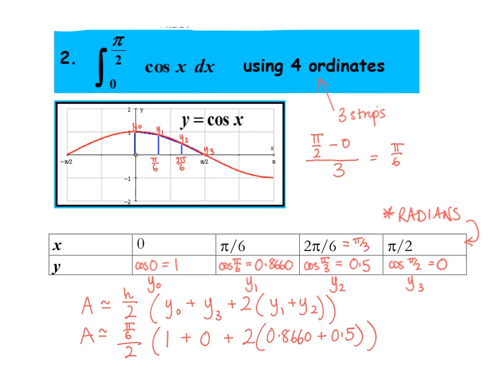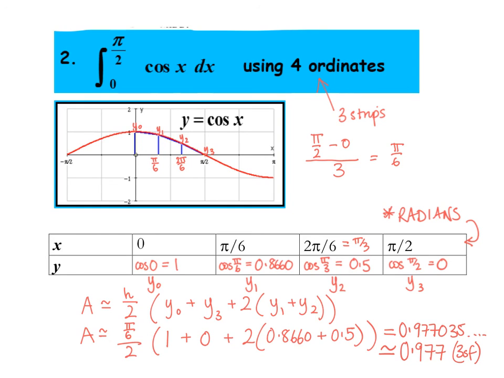If we pop that into the calculator, that gives an answer of 0.977035, and so on. We'll give it to 3 significant figures, so 0.977 to 3 significant figures. That's the area using 3 strips.